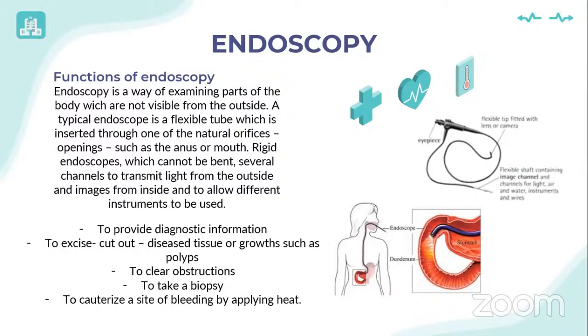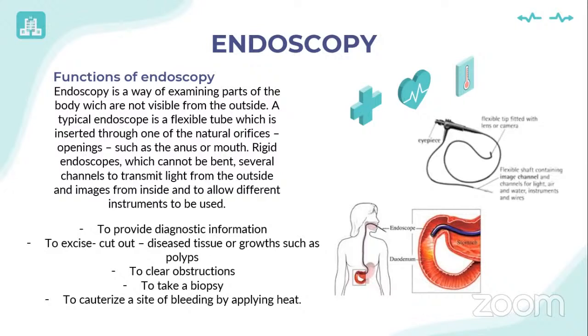Rigid endoscopes, which cannot be bent, have several channels to transmit light from the outside and images from inside, and to allow different instruments to be used. To provide diagnostic information, to excise, cut out diseased tissues or growths such as polyps, to clear obstruction, to take a biopsy, to cauterize a site of bleeding by applying heat.